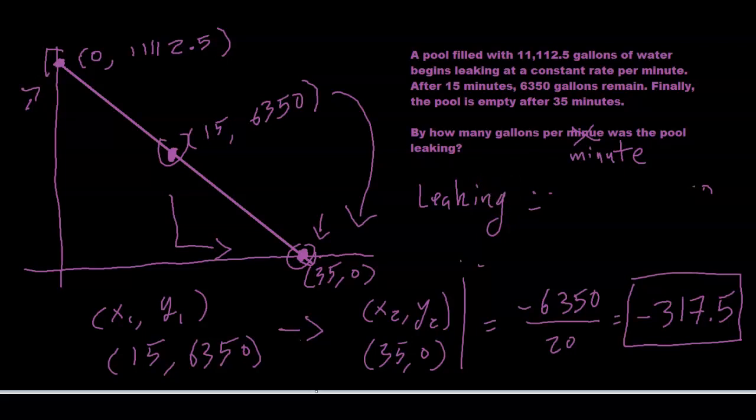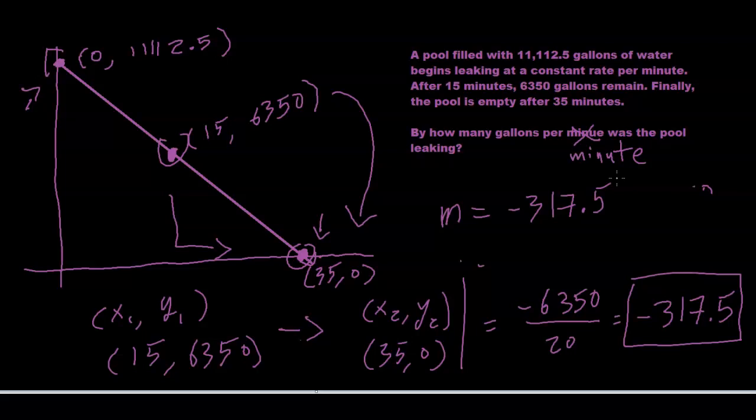Rather, I should state it like this, which means the rate of change, or m, is negative 317.5, right? Does it make sense that it's negative? Because if we have a downward moving line, right, that means the slope is a negative number. And since the pool is leaking, the number of gallons inside the pool is decreasing every minute.